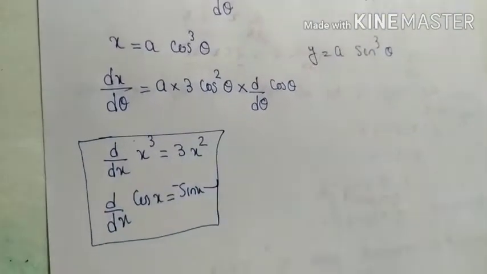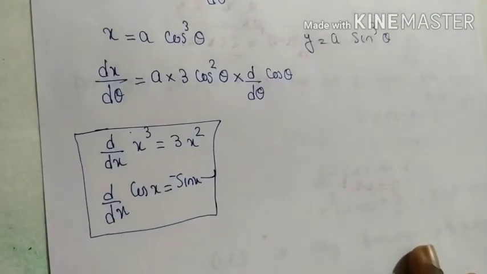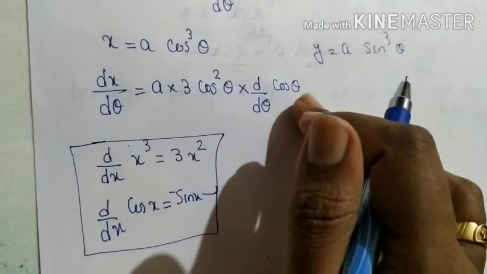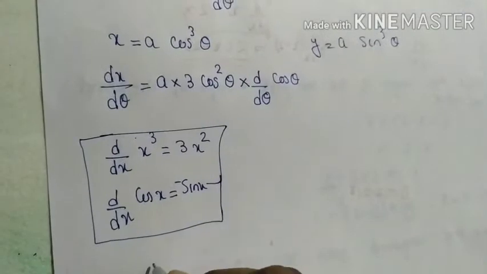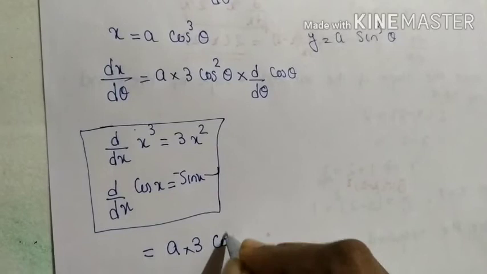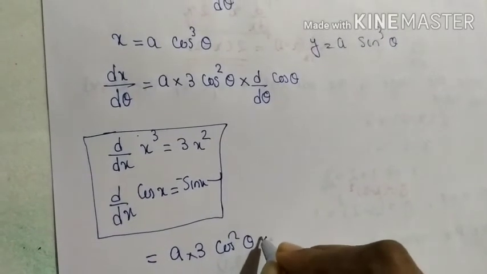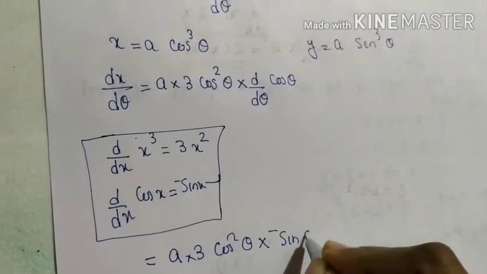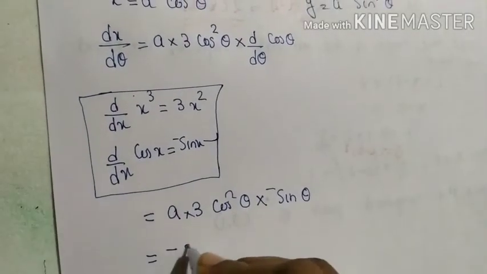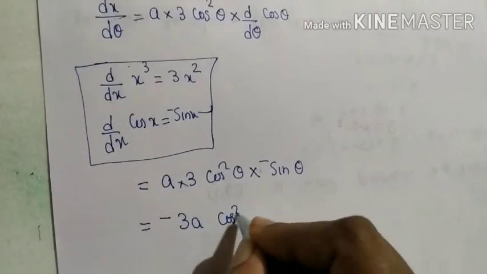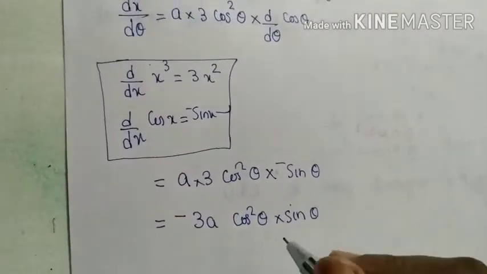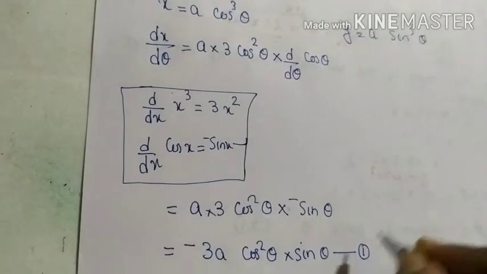But here we are differentiating with respect to theta, so d by d theta of cos theta is minus sin theta. The final answer will be a into 3 cos square theta into minus sin theta. Rearranging this we get minus 3a cos square theta into sin theta. Let us name it as equation number 1.